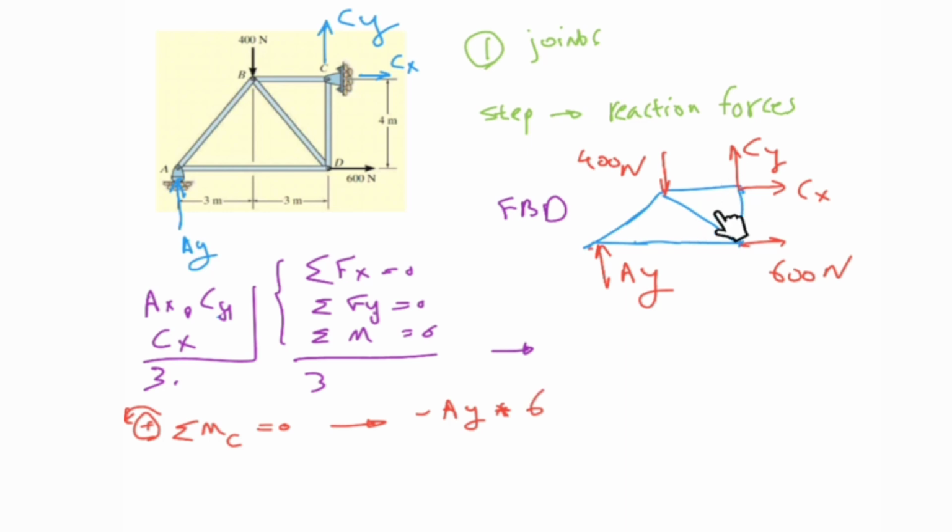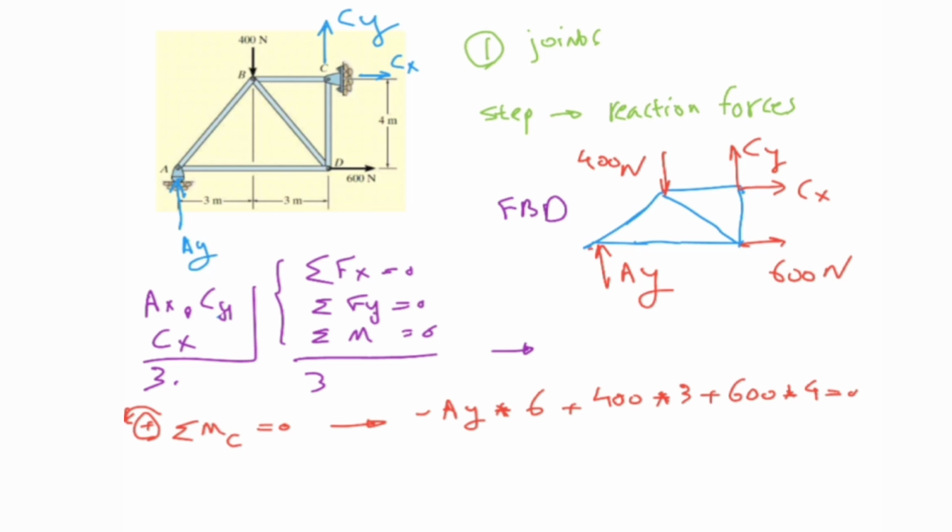400 is making a counterclockwise moment around point C, meaning that would be plus 400 times the arm of that, which is this length, equal to 3. And 600 is making a counterclockwise moment. If you put your finger here, this one is rotating counterclockwise. That would be plus 600 times 4 equal to 0.